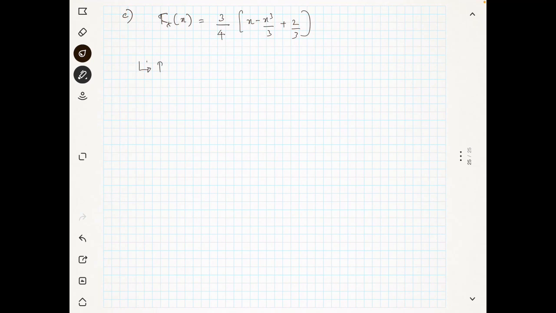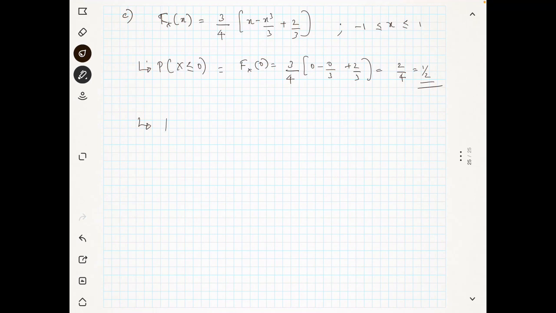First part is the probability that x is less than or equal to 0, and our CDF is also between the range from minus 1 and 1. So 0 is definitely in this range, so it is nothing but Fx of 0, which is 3 by 4 into 0 minus 0 by 3 plus 2 by 3. You will get it as 2 by 4, which is equal to 1 by 2. So that is the answer.